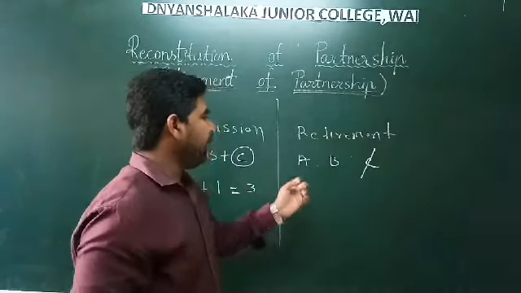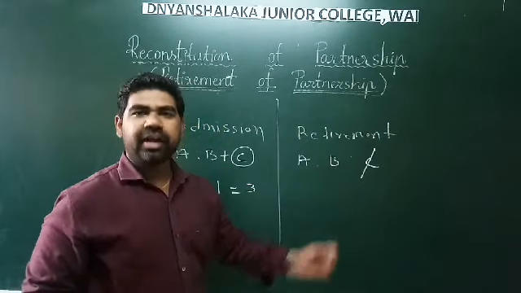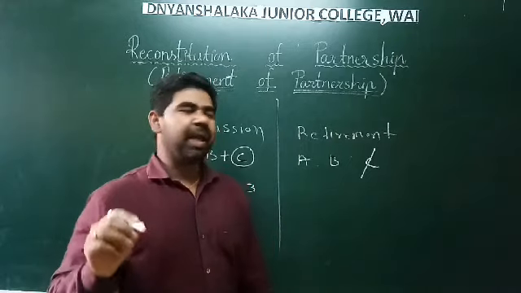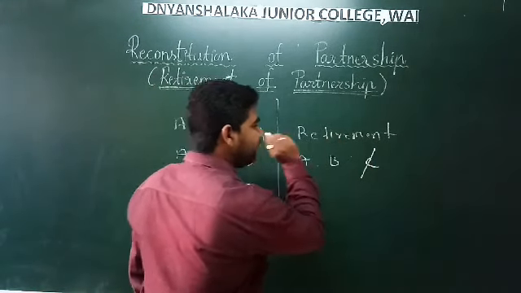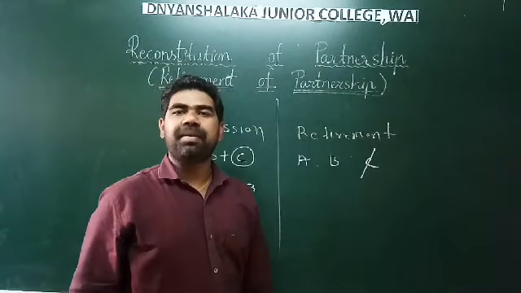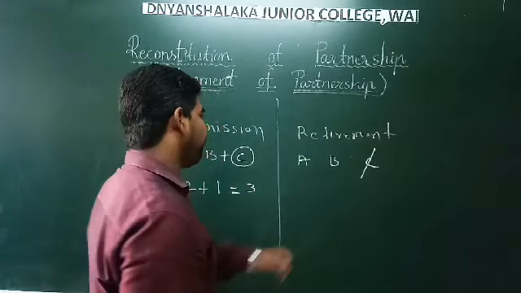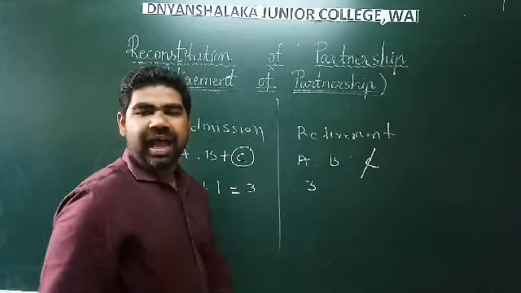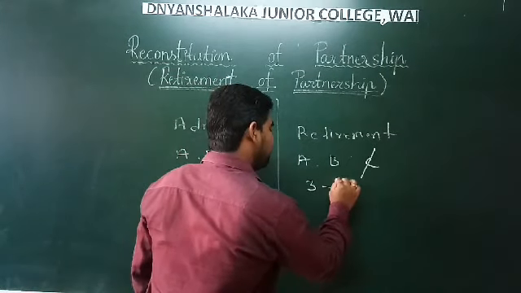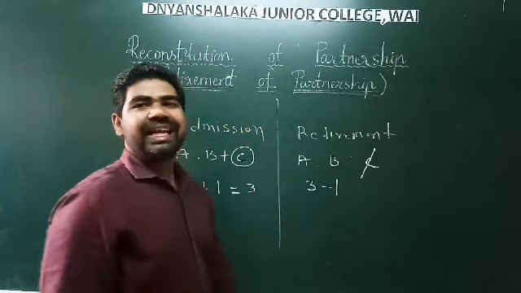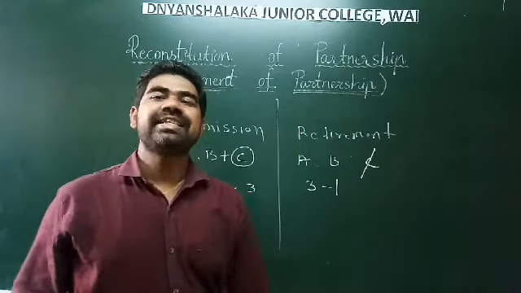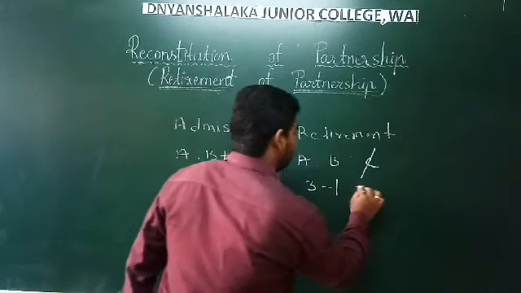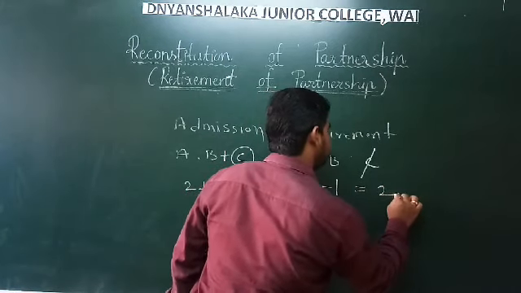Already 3 partners are there, and now one partner, C, is not interested to continue the business activities with that particular partnership firm. Then the total number of partners becomes 2.